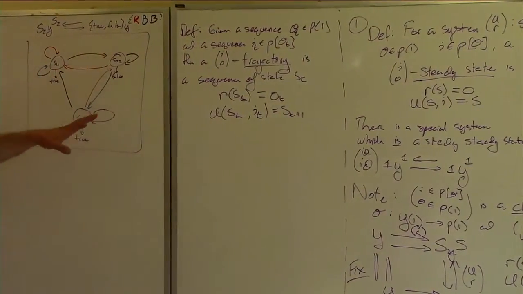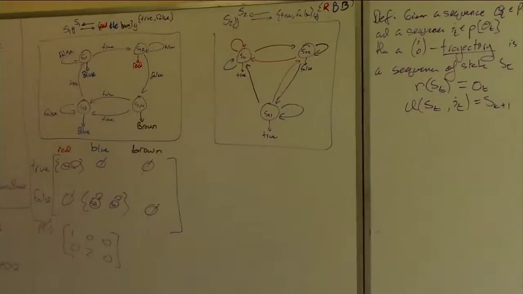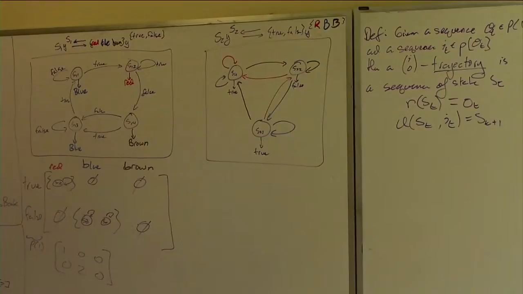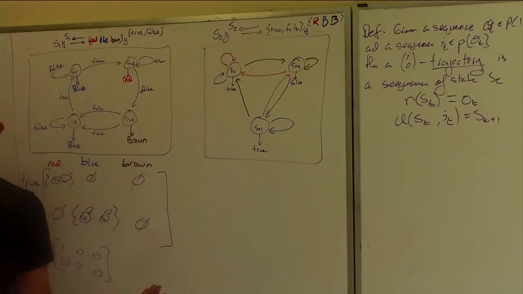So what is one of these? Well, if we look at this picture here, a trajectory would first need a sequence of inputs. But remember that in the Poly formalism, to give it input, we need to know what output it's valid for. So that's why we also need that sequence of outputs.